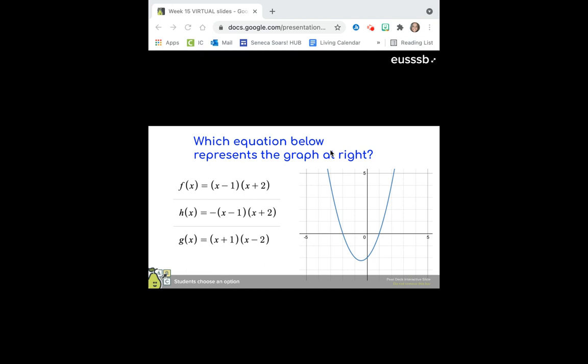And remember, from wherever we cross the x-axis on the graph, it's going to be the opposite sign in our factor.